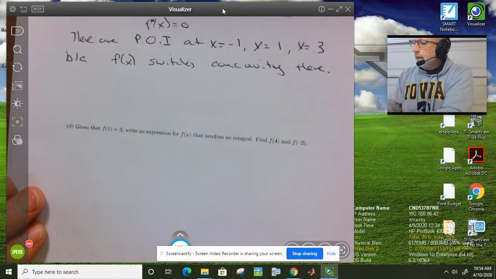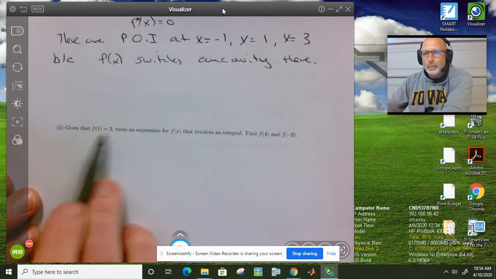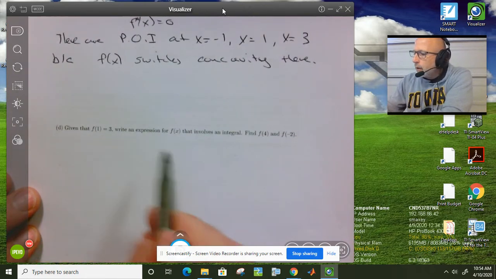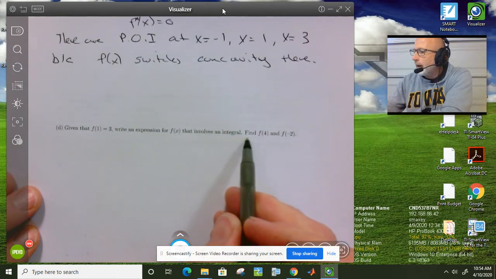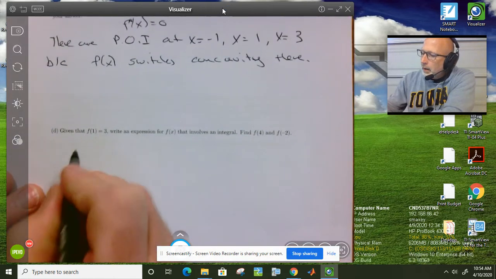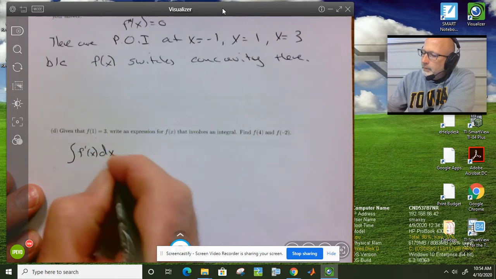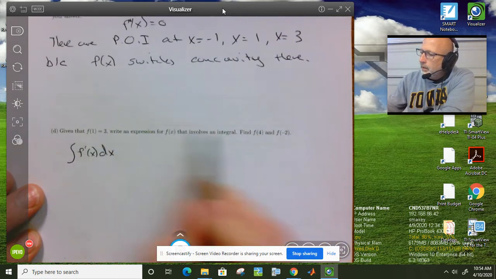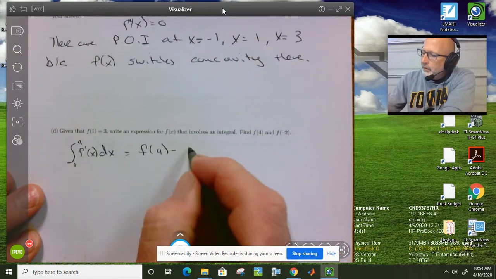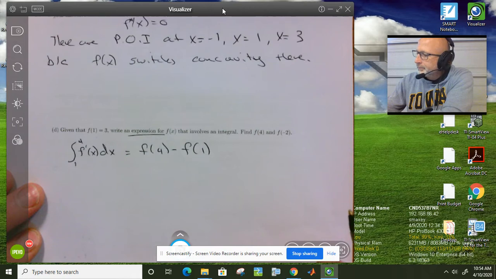Okay, D, given that f of 1 is equal to 3, this is just begging me for the first fundamental theorem of calculus. Remember, when they give you a point, you should instantly think that. So given that f of 1 is equal to 3, write an expression for f of x that involves an integral, find f of 4 and f of 2. You're given an equation, a point, you want to find a point. So if I integrate f prime of x dx from 1 to 4, that should be equal to f of 4 minus f of 1.